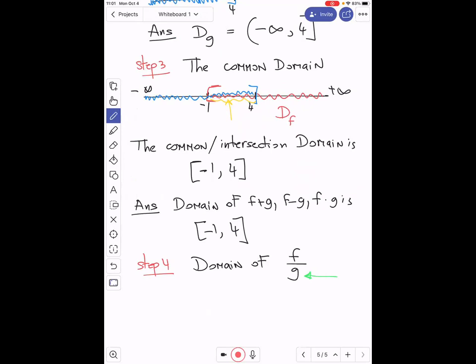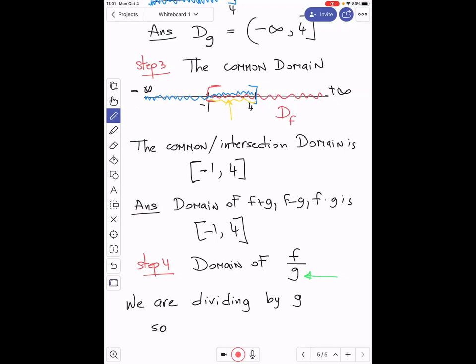We need to solve where the denominator is 0, and then exclude those solutions from the common domain. So g cannot be 0.